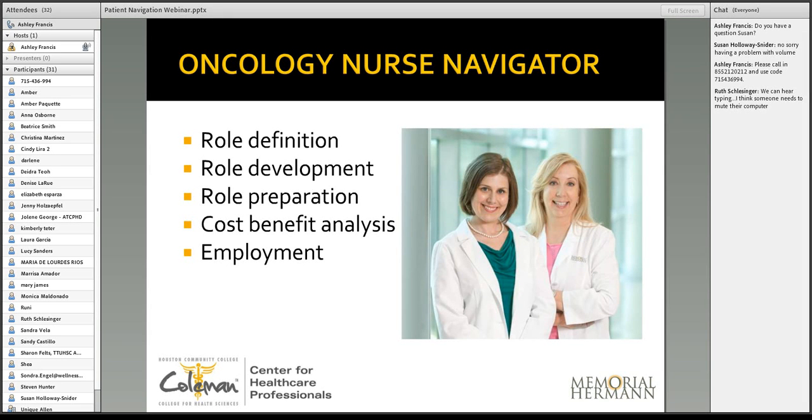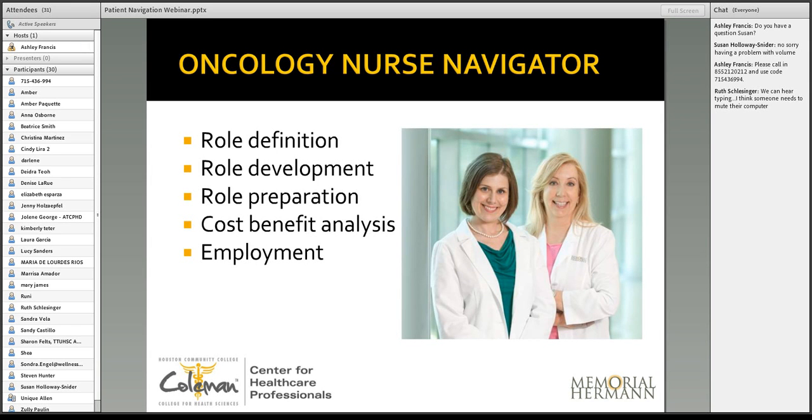And basically, oncology nurse navigators have emerged from the field of navigation to respond to the total patient care needs, if you will, across a very complex and highly fragmented healthcare system in our nation. And this is for all types of patients, not just restricted to a single cancer focus.